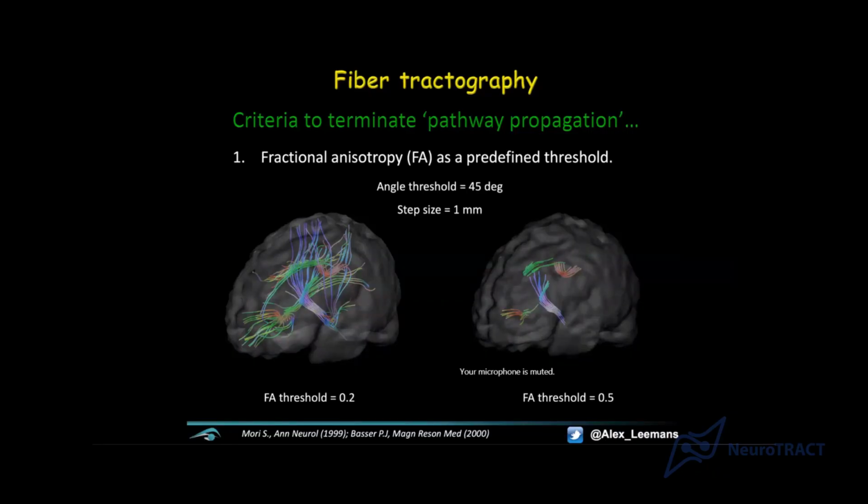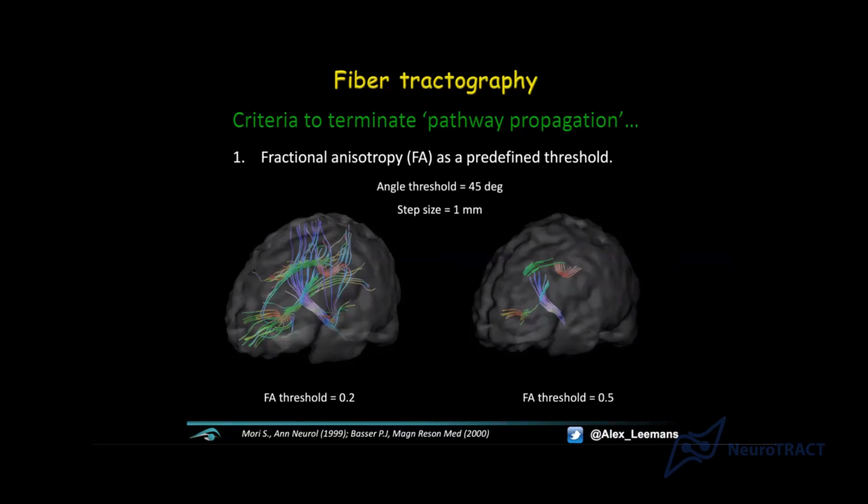Conversely, by contrast, if you have an FA threshold which is too high, and I guess 0.5 is way too high, because if I do the tractography on the right, well, you can clearly see that some of these pathways, like part of the corpus callosum or the projection pathways, don't seem to be complete.